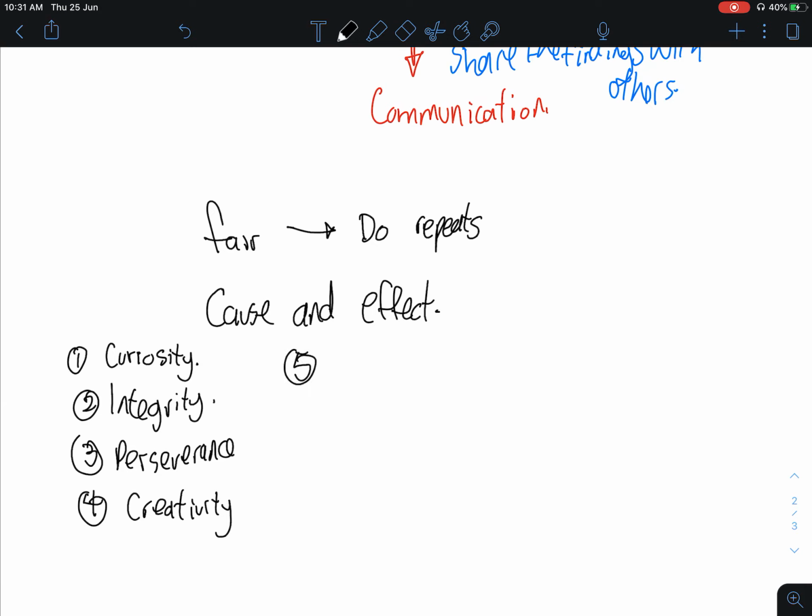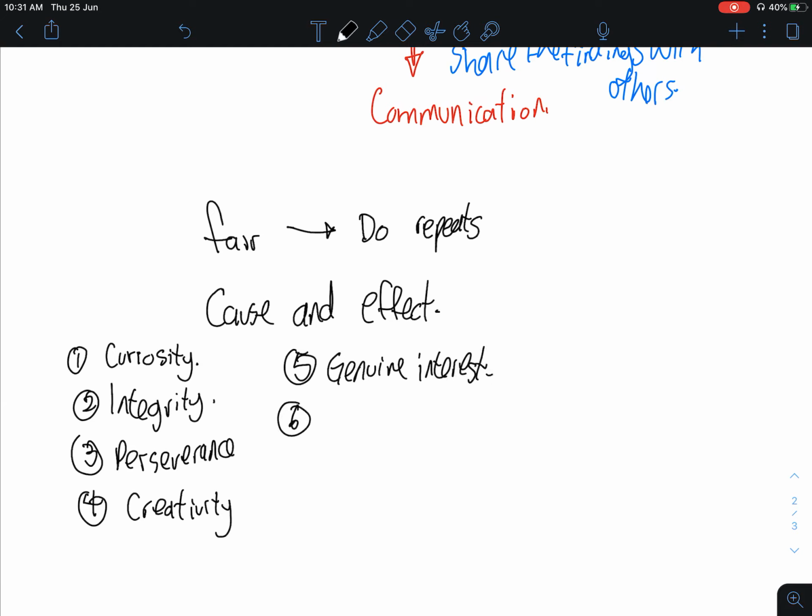Next, we look at creativity. In order to come up with interesting experiments that are logically sound, you have to be creative with what you have. And more importantly, you must be very interested in the topic.